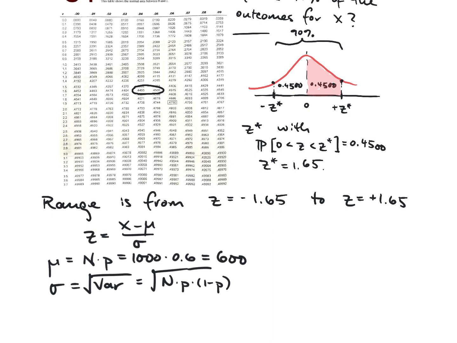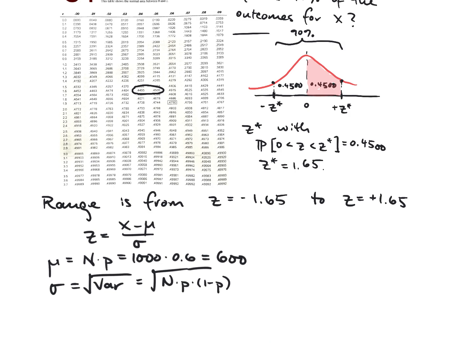So 0 is 600, in the sense that a z-score of 0 means you are smack dab at the center, at the average value of x. So if your value of x is 600, and that's the average, then your z is 0.